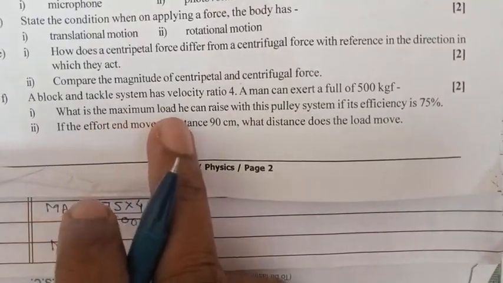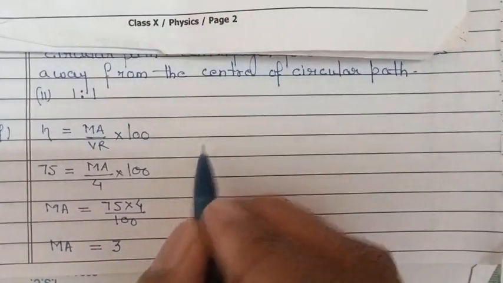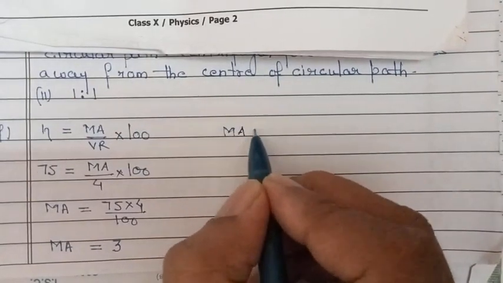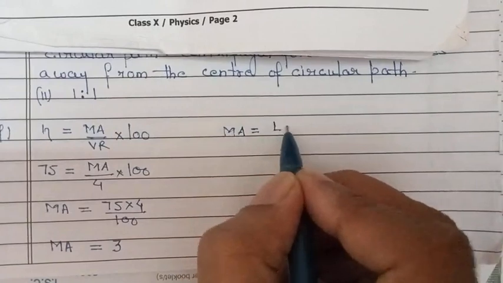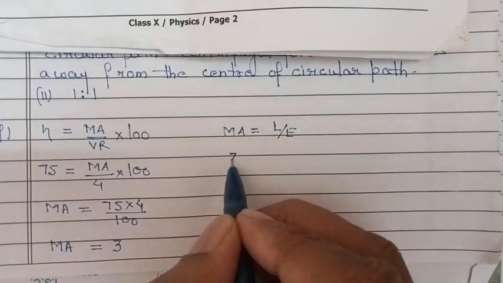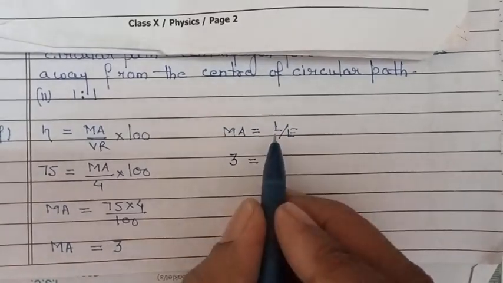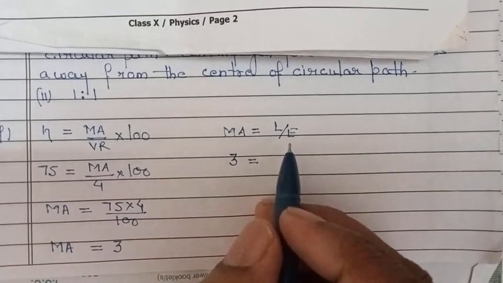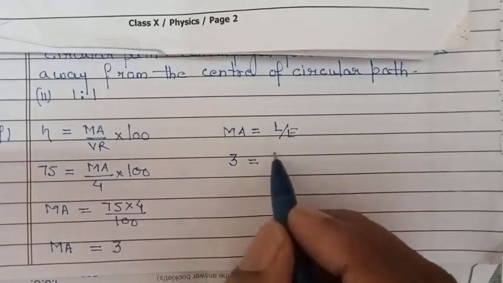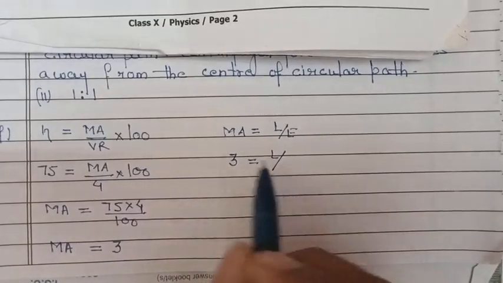Now they have asked us to calculate the maximum load. First we have calculated mechanical advantage. Mechanical advantage is equal to load upon effort. Mechanical advantage we have calculated as 3. Load we have to calculate, and the effort is given to us.